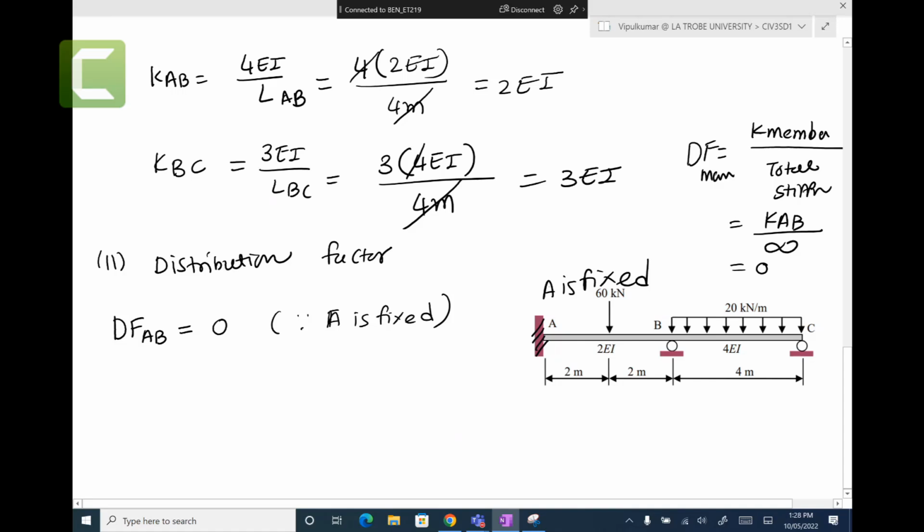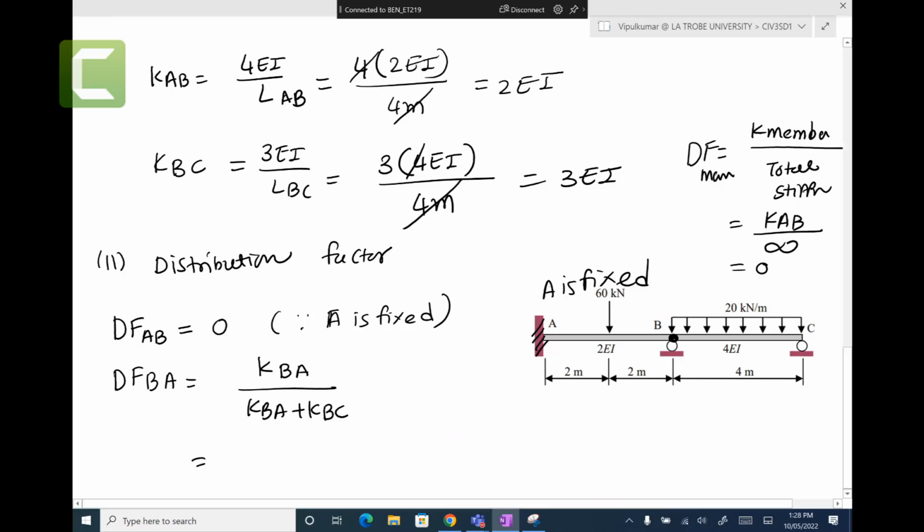Right? Now, distribution factor of BA equals KBA over KBA plus KBC. You with me? Because now I want joint B, and at joint B you have KBA over KBA plus KBC.